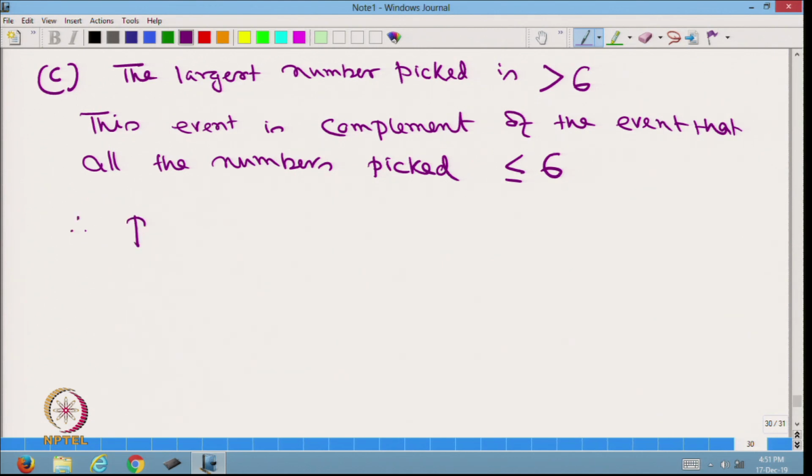Therefore, the probability of the event C is 1 minus 0.6 whole to the power n. So, these are some interesting ways of solving some simple problems.